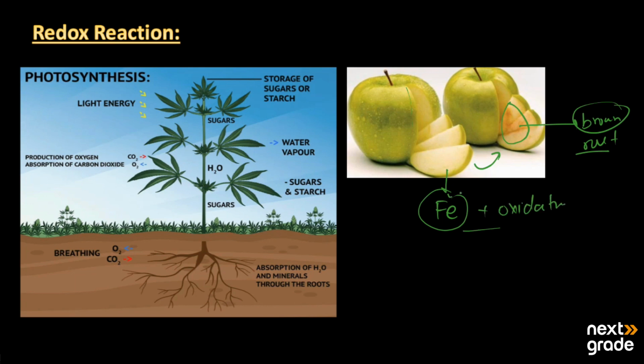Apple has iron, and when it comes in contact with the oxygen present in the air, it starts to change color and becomes brownish.